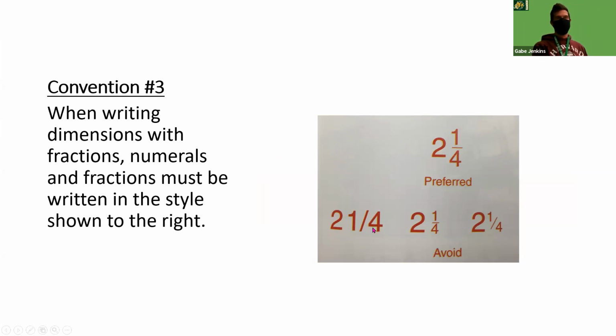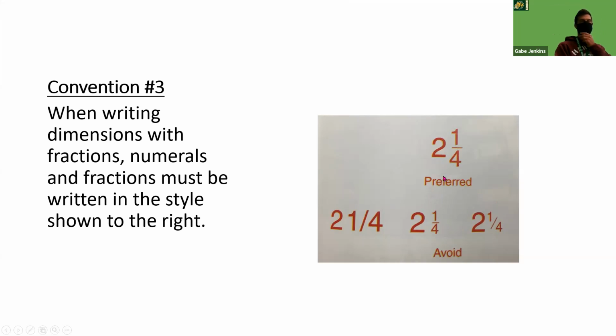If you look at this one right here, it could really be confused with 21/4 because it looks like 21/4 and not 2 1/4. Same thing with these. You're trying to make it so it's very easy to see the 2 and easy to see the 1/4. Because the 1/4 is really small here, and this one is written in a weird way, you're trying not to write it like that.